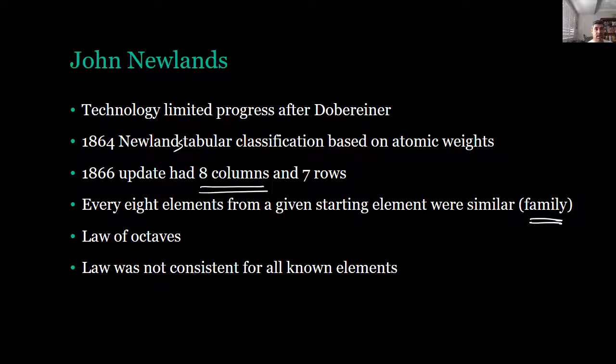This started to create what he called the law of octaves, and the link with music is obvious for those of you who are musicians. The problem with this law was it wasn't consistent for all known elements, and obviously there were elements that hadn't been discovered at this time as well, so some gaps. Some of those predictions were very good and very consistent, and others were not.